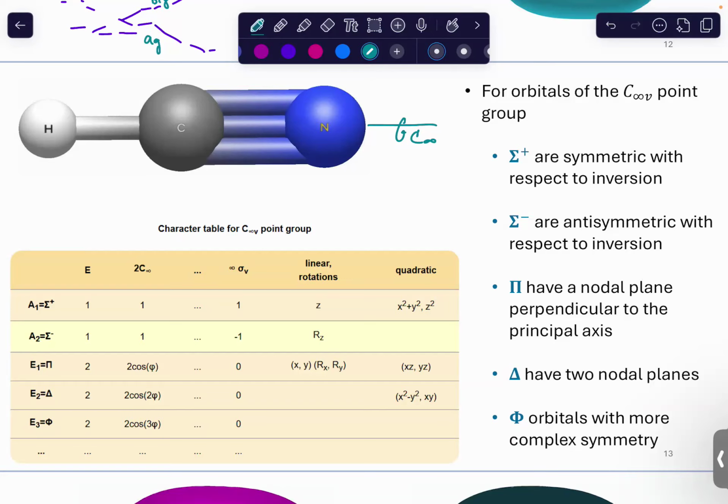So the C infinity V has these different symmetries, your A1, A2, E1, E2, E3, and so on. And honestly, no one ever taught me why this is the case, because usually these sigmas, pi's, deltas, phi's are used for term symbols for diatomic molecules. But this is not a diatomic molecule.